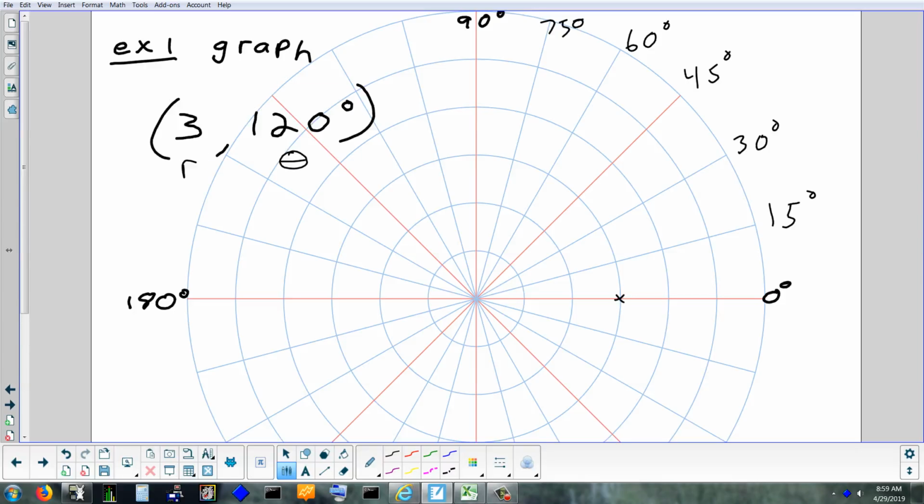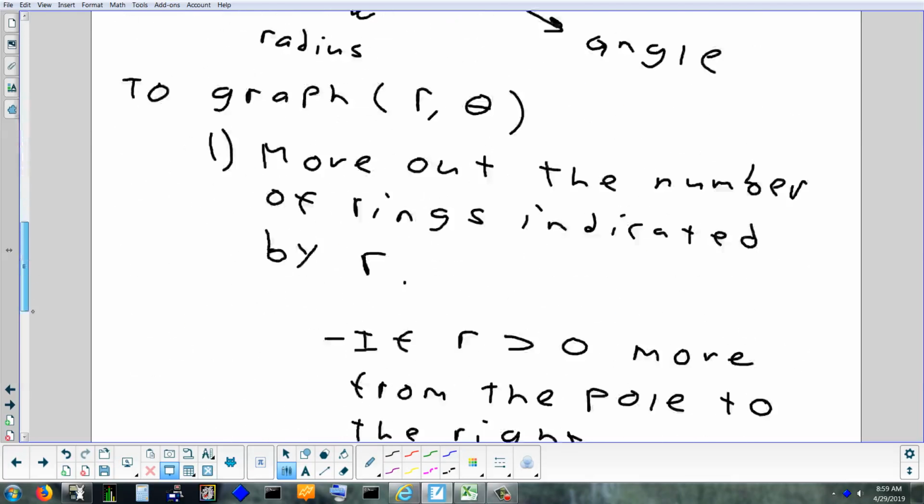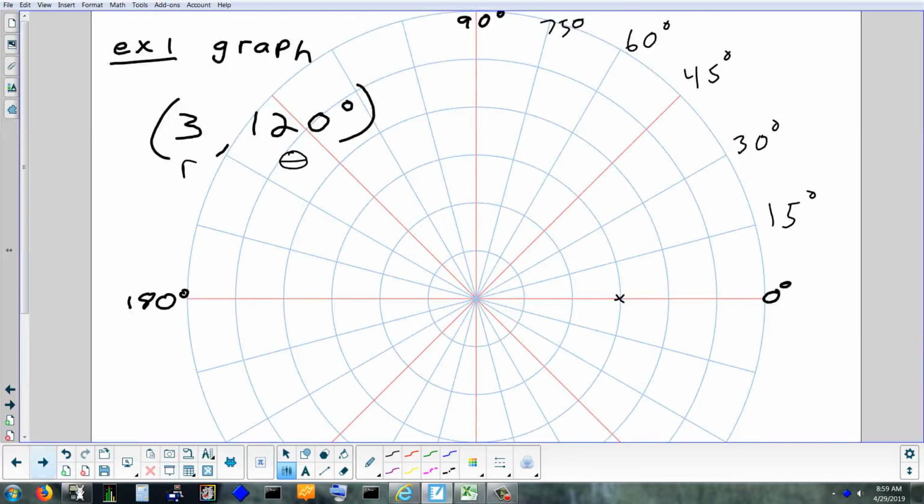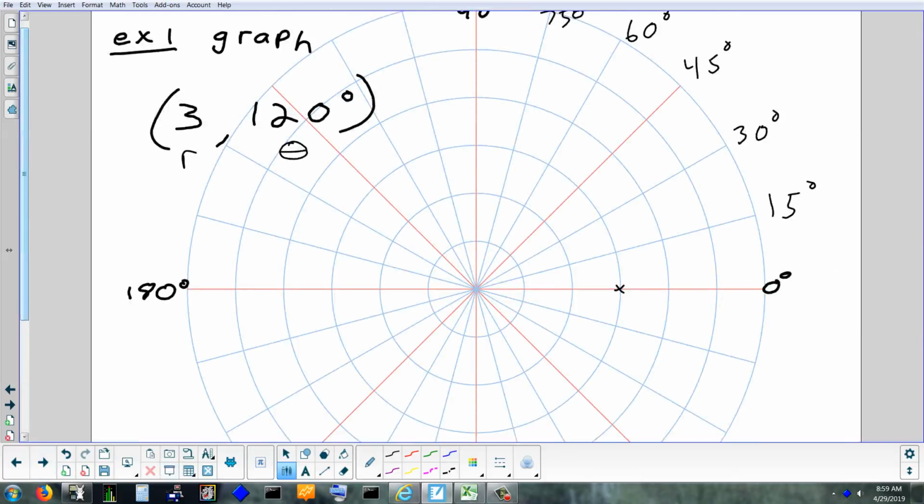All right, but I have to remember 120 degrees which way. So Aaron, 120 degrees. It's a positive number. Which way do I go for positive? Let's double check. If the angle is bigger than 0, which ours is, counterclockwise, yeah. So, counterclockwise, 120 degrees.